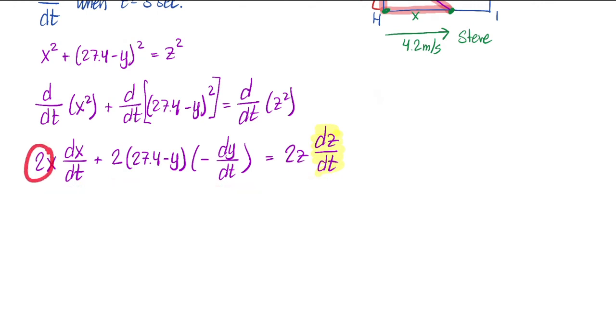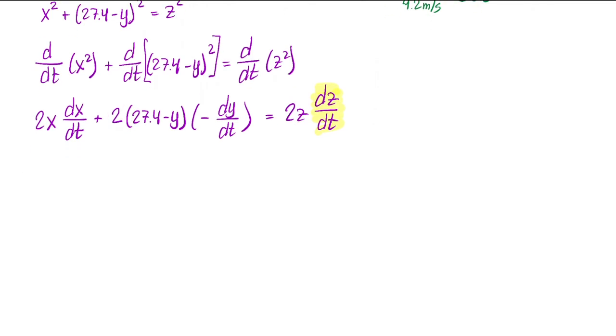Before we do that, however, we may also notice that each term is multiplied by 2, which means that we can tidy it up a little bit by dividing the left and the right hand side by 2. This is not necessary, just makes it a little bit neater and shorter.